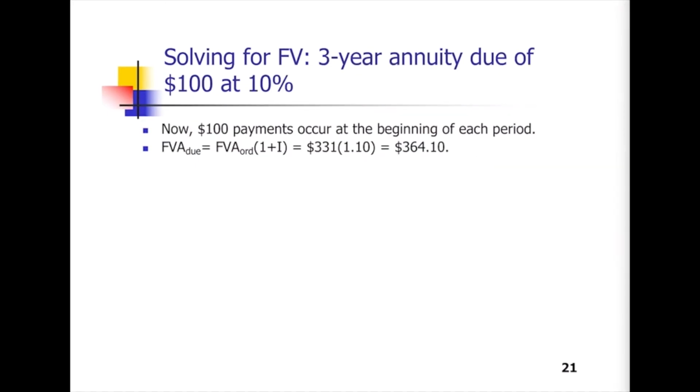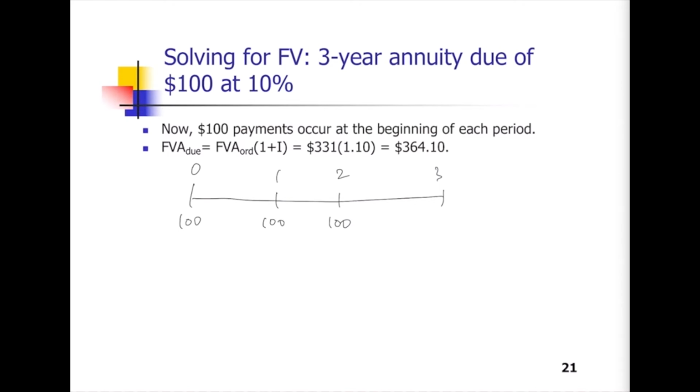So far we dealt with ordinary annuity, but now we deal with annuity due. So 100 payments occur at the beginning of each period. So let's draw a timeline. 0, 1, 2, 3. Payment occurs at the current time, right? And there is no payment at the last period.